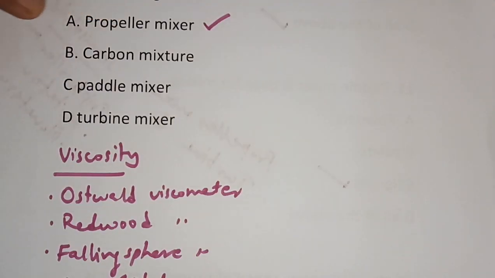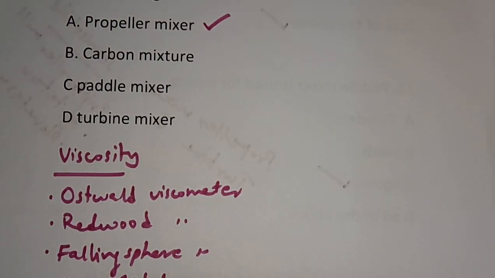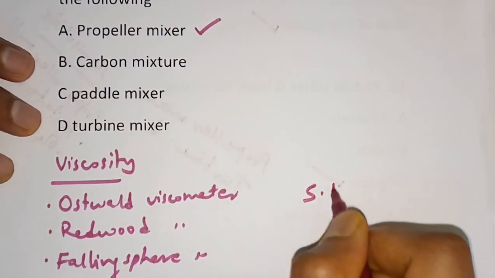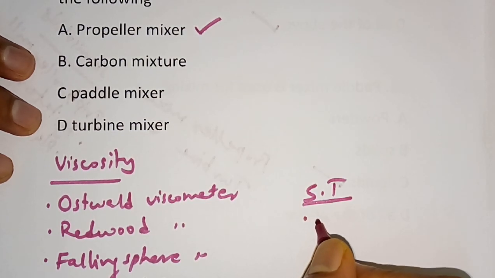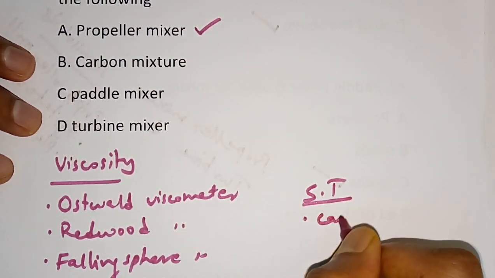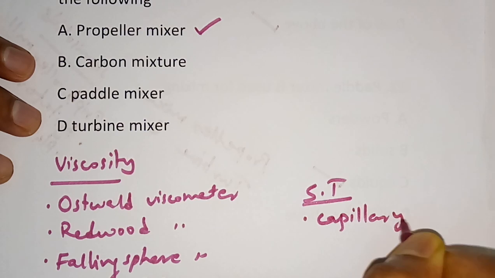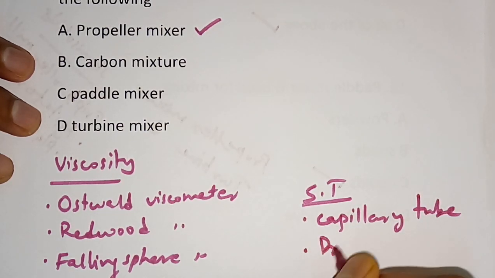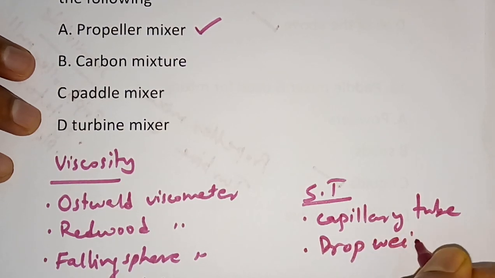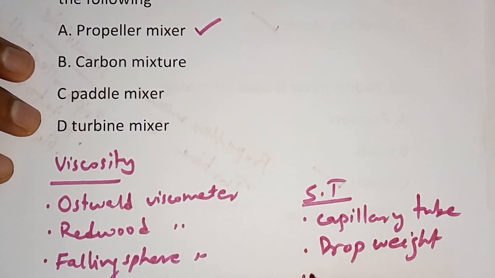Now the last topic is regarding surface tension. There are different methods to find out surface tension. The first is the capillary tube method, the second is the drop weight method, and the third one is the stalagmometer.